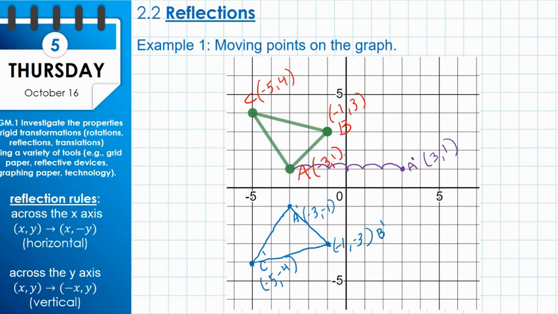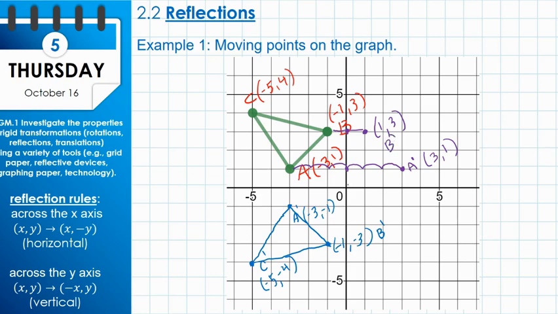B prime, line of reflection, 1 unit, 1 unit. So 1 unit to the right, +1, up 3, +3. This is B prime.